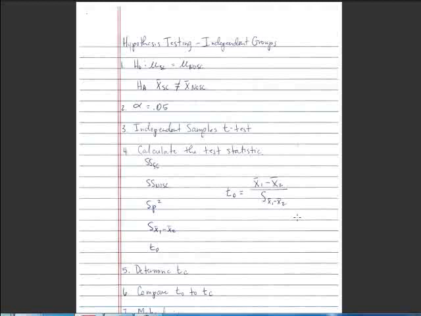So if you use a larger sample when you're doing the t-test, you're more likely to have a probability low enough to allow you to reject the null hypothesis than when the sample is small.